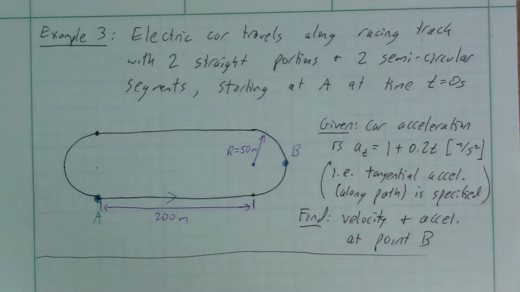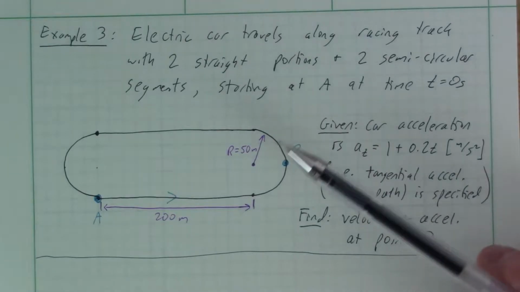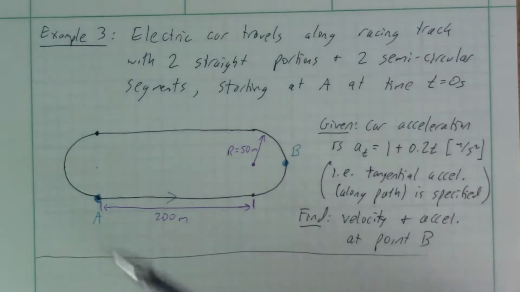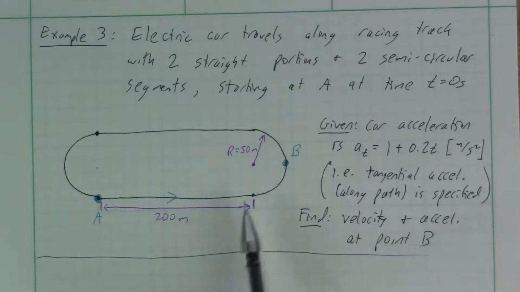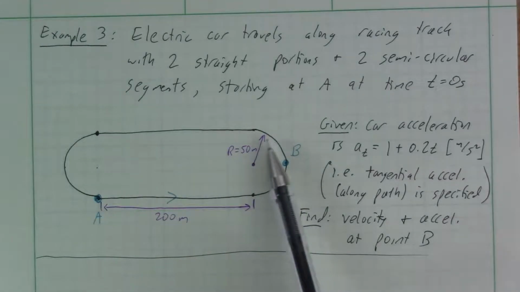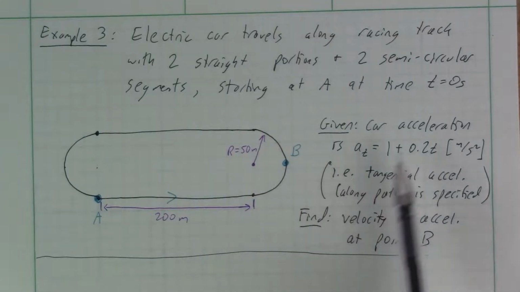All right, so example 3 now gets a little bit more involved, not just circular motion. We have an electric car traveling along a racing track here. The racing track has 2 straight segments at 200 meters apiece, and then 2 semicircular sections at the 2 ends with a radius of 50 meters.